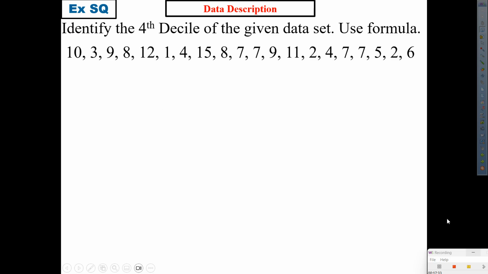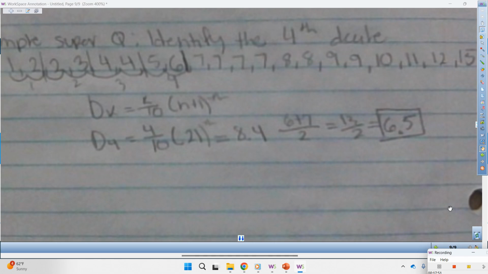Copy that, and I'll give you some time to finish up, and then send me your work on the screen. It looks like D4 is at 8.4, 8th spot and a little bit more. So they said approximately 6.5. Hands if you got that? That is correct. Yeah, we got it, right?